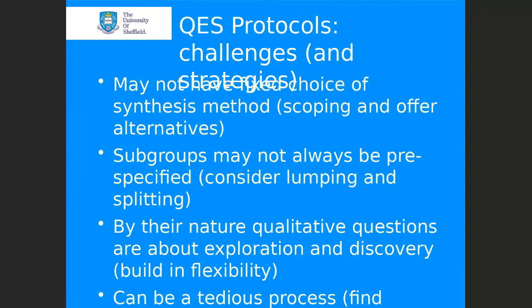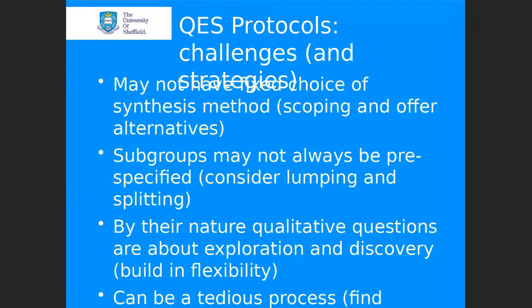It may not be clear from the beginning what our choice of synthesis method is going to be, and we resolve that by going through a scoping process, but also by offering alternatives, perhaps keeping it open and saying, if, for example, the data is sufficiently rich, we will engage in a meta-ethnography, and if it is thinner and less open to sustaining theoretical thought, we might go instead for a thematic synthesis. So we might actually name both of those in the protocol as alternatives.